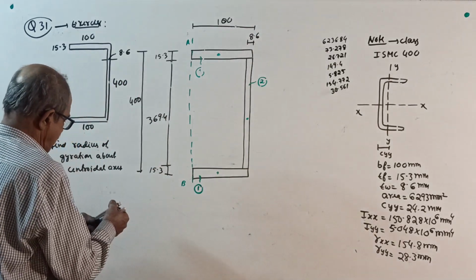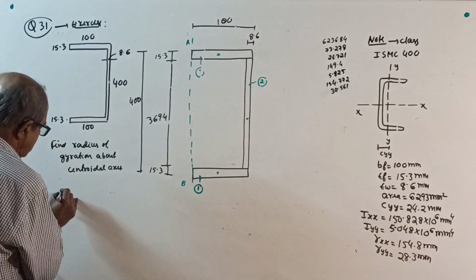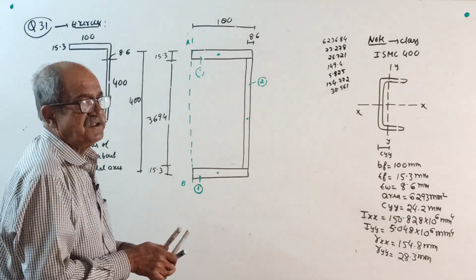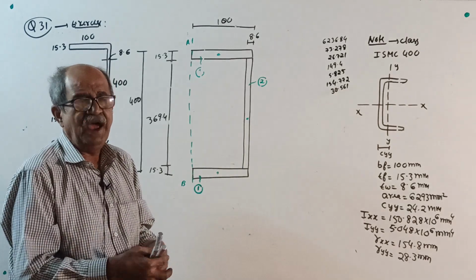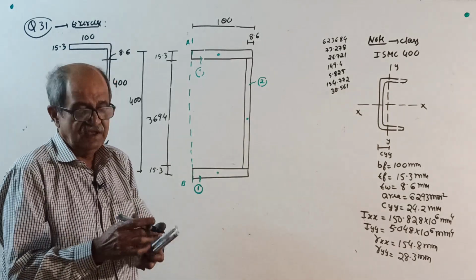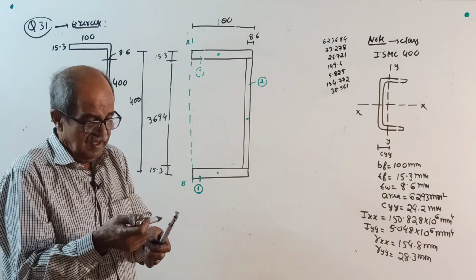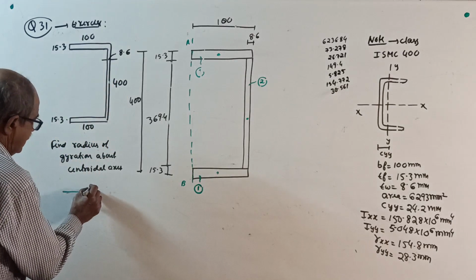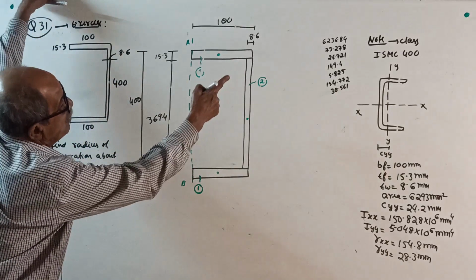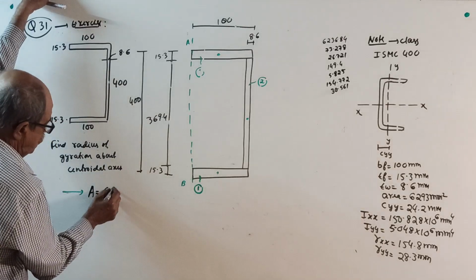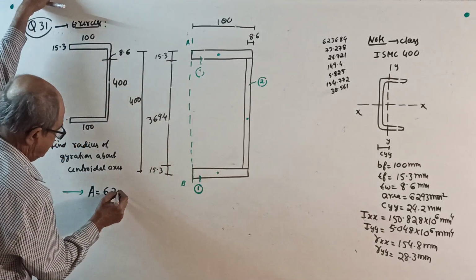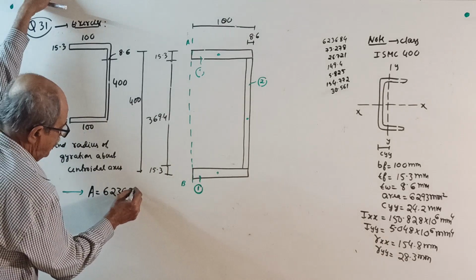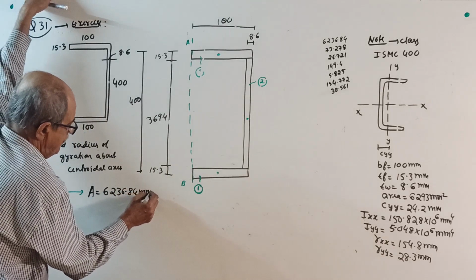First you calculate area. I write here. You write all the calculation, because first of all I should give only the answer. Still, I will help those who have difficulty. First calculate total area. I noted down there: 6236.84 mm square will come.